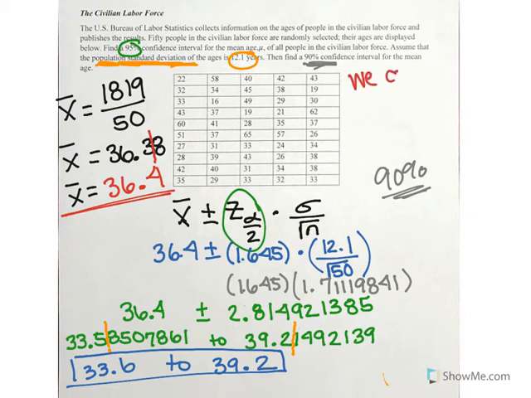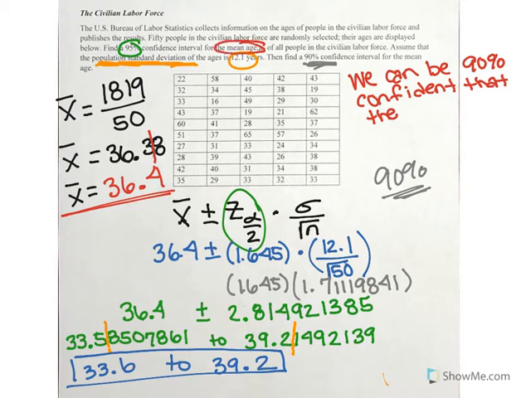You would say that we can be 90% confident that, and we always can come back where it says find the mean, that the mean age, now, if you want to write all of that, of all people in the civilian labor force, that's fine.